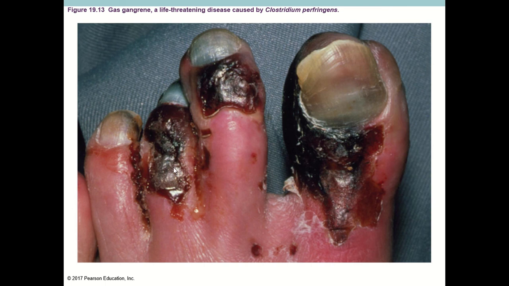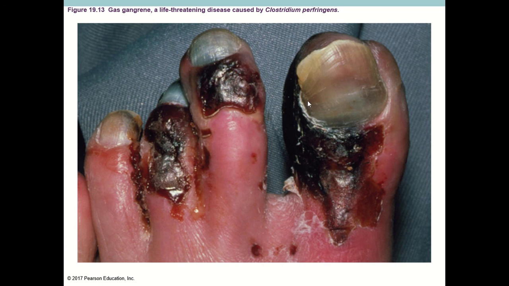So as it is, this patient right here will for sure lose all of this tissue right there, because all of it is going to be removed in order to save the rest of the foot. And that tissue, even though it's scarce, doesn't grow back. So the patient is going to be left without all of that superficial tissue there.